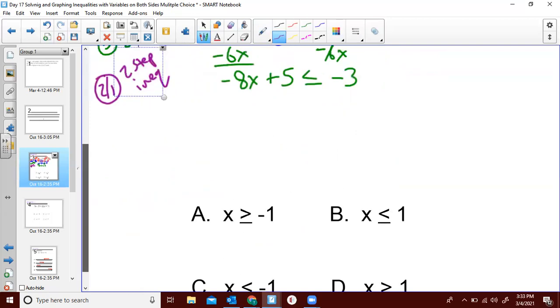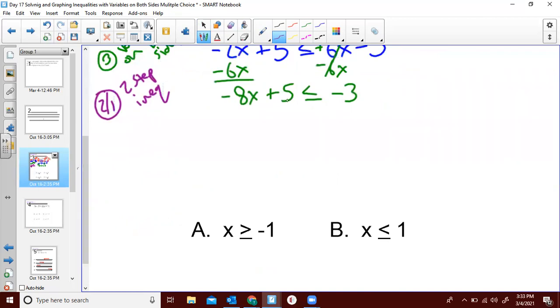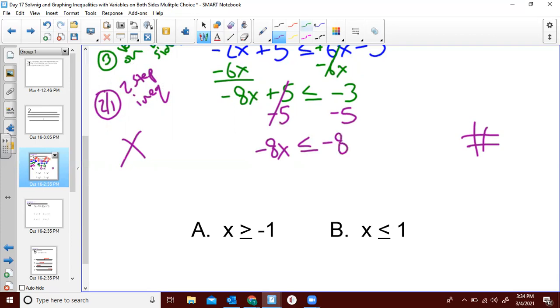I want my x on my left and my numbers on my right. So to get rid of this positive 5, I subtract from both sides. That'll cancel out here. Bring down what I didn't use on my left, and I'll get negative 8x. On the right-hand side, I still have this negative 3 minus 5. You put that in Desmos, you'll get negative 8.